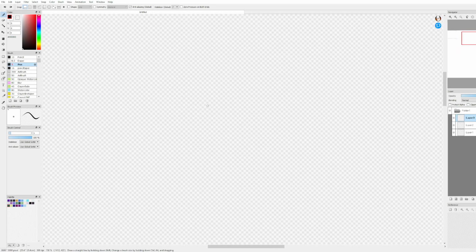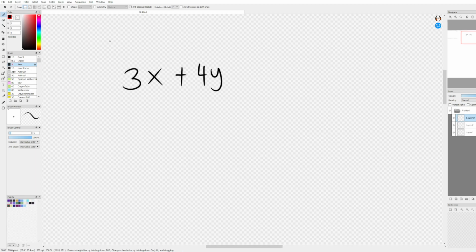evaluating algebraic expressions, typically what an equation will look like is something like 3x plus 4y, and then sometimes, in the ones that we see in this unit, it will have x is equal to, let's say, 2, and y is equal to, let's say, 1.